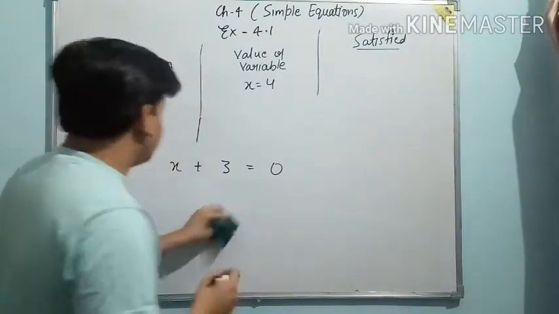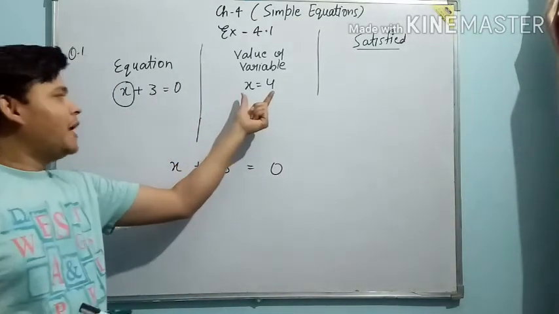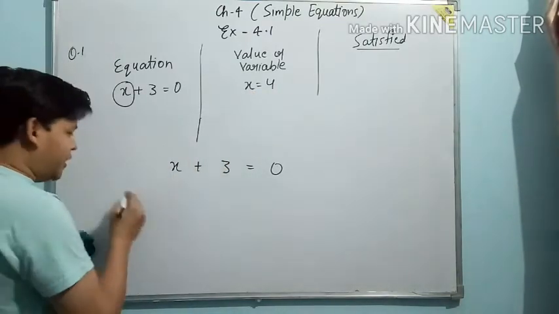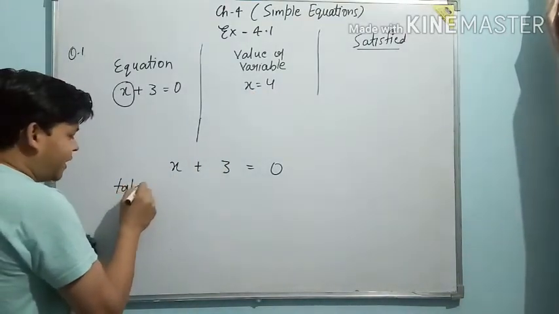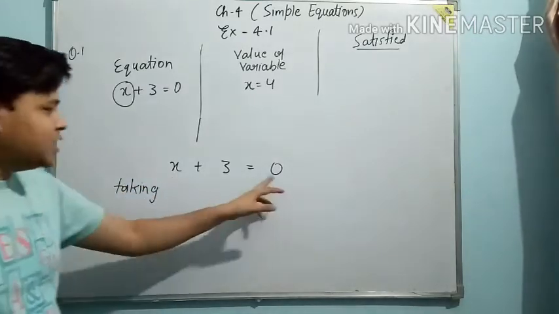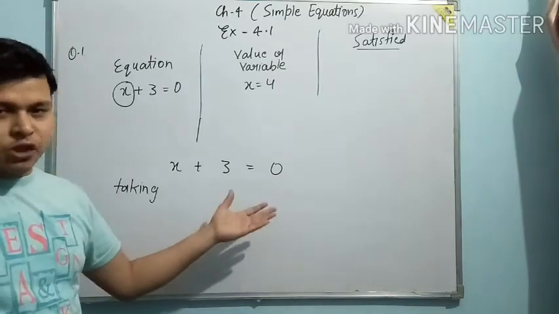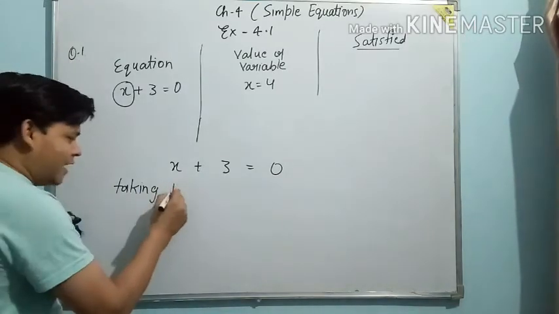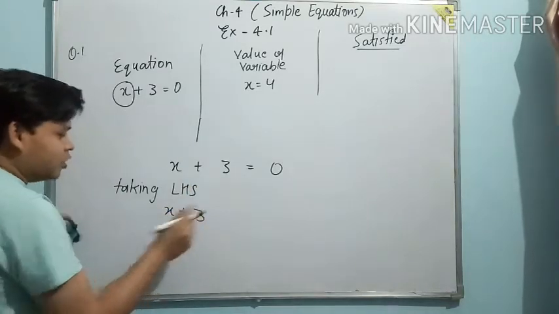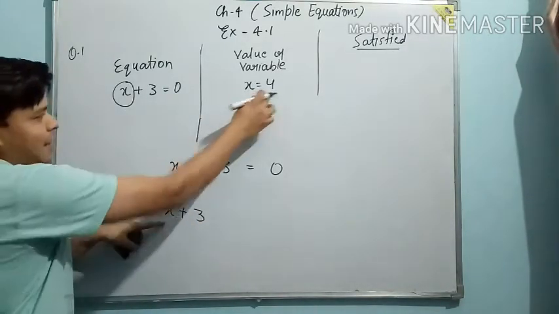So what I am doing, I am just putting this value 4 of x in place of this x. Right now I am taking only the LHS part because only the LHS has the variable. In RHS we don't have any variable, so there is no need to solve this. So LHS is x plus 3. In place of x, I will put here 4.